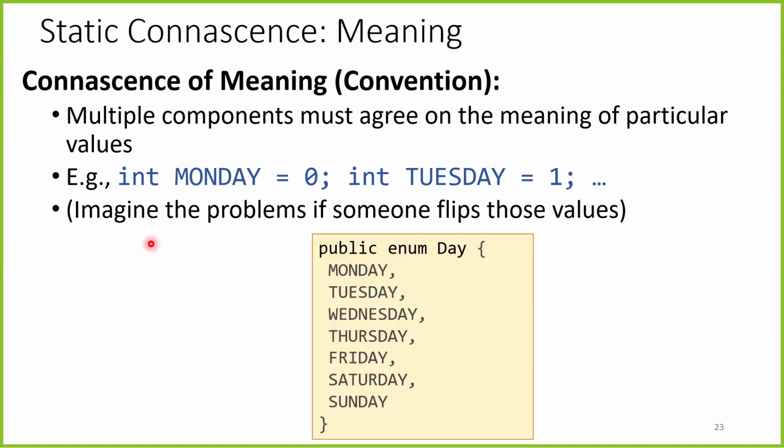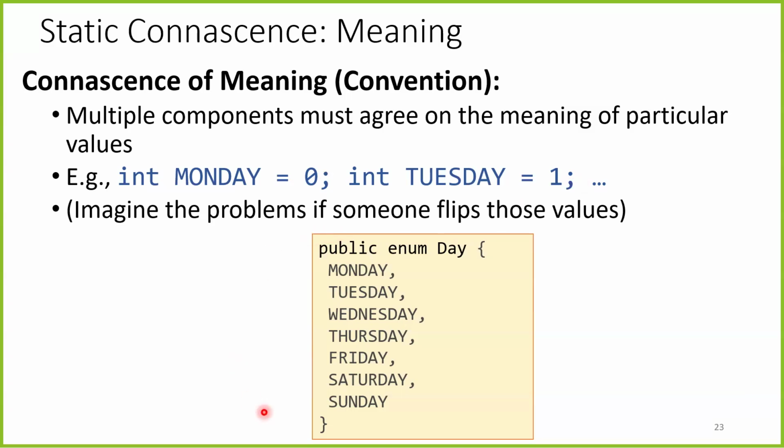So it might be a good idea, if we have int Monday equal to 0 and Tuesday equal to 1, to document that so that all the people later on using your module or your class about time agree that Monday is 0 and Tuesday is 1.